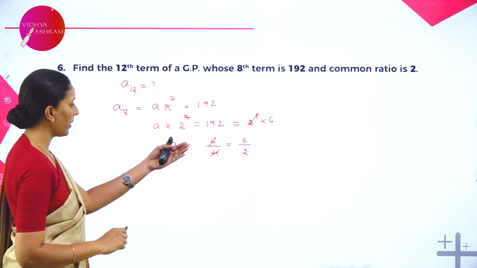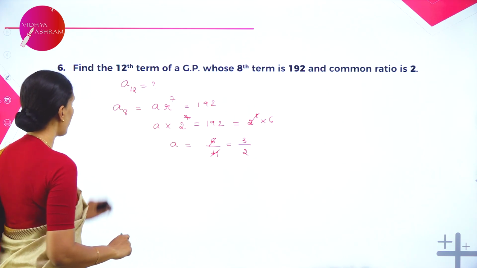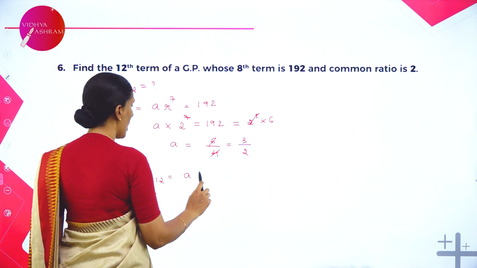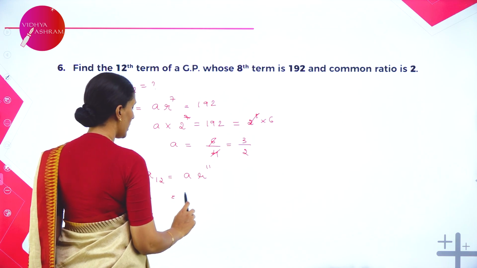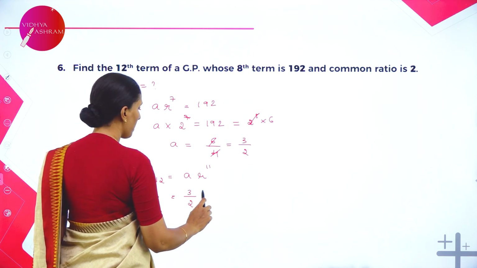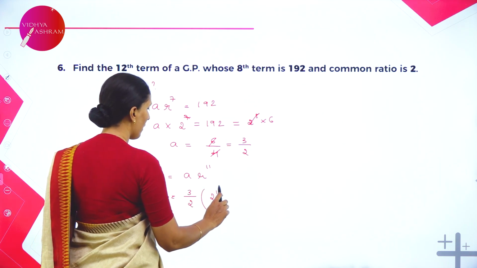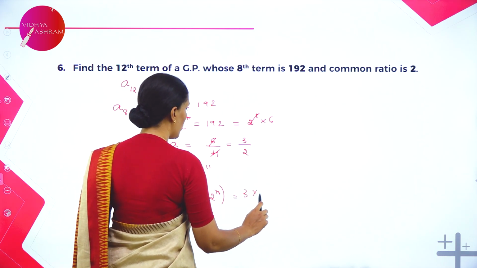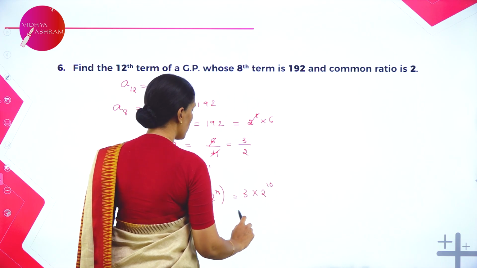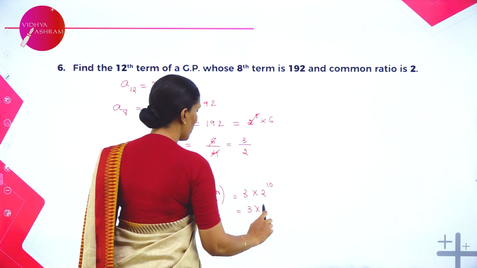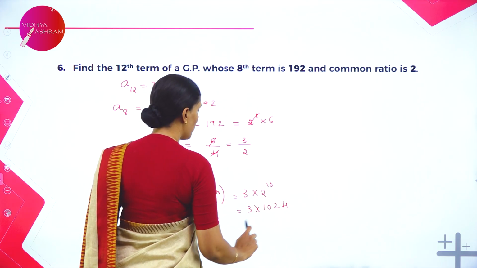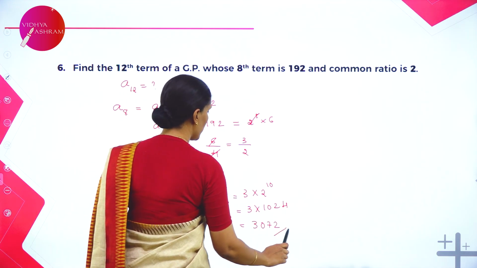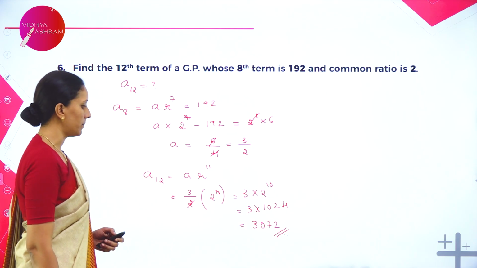We know the common ratio, we know the first term. So let's find A12. A12 is A r to the power 11, which is equal to 3 by 2 into 2 to the power 11. So 2 cancels here. So it is 3 into 2 power 10. So 3 into 1024, which is equal to 3072. So this is the 12th term.